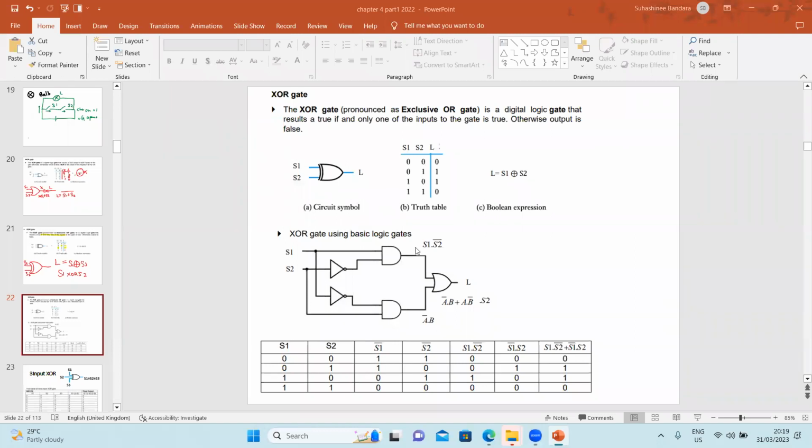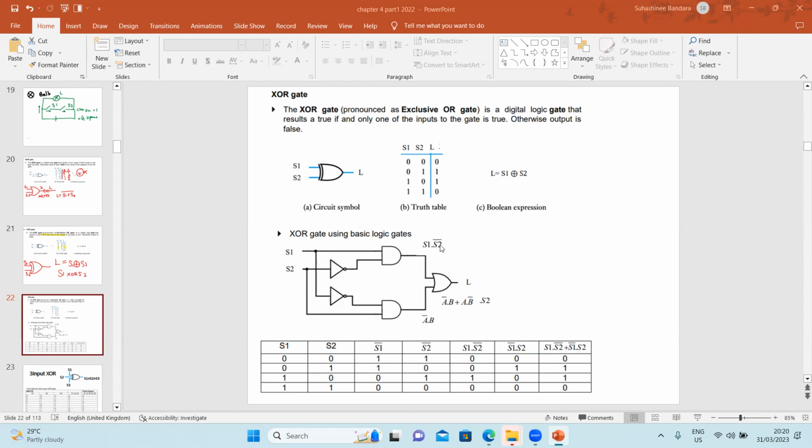So now we are going to look at how to draw the XOR gate in different methods. By looking at the XOR output, we can assume that it consists of two inputs, A or B, whatever two inputs. Just look at this one. S1 is input to the AND gate. NOT of S2 is also input to the AND gate.